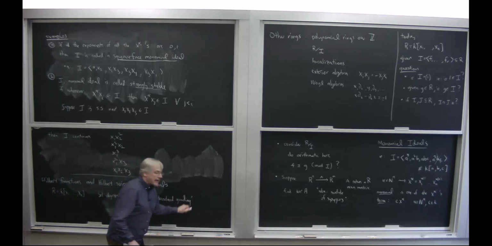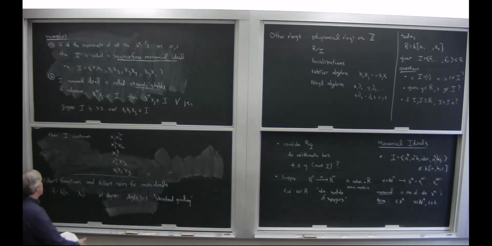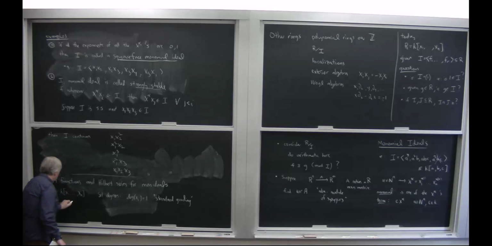Again, it really is not that relevant. You can change it, but this is by far the most useful one, at least when you start out. So the degree of, e.g., x1 x2 squared is 3. It just adds like you would normally do degrees.